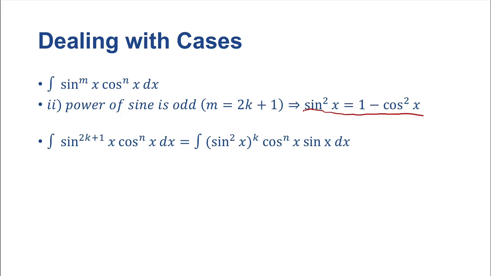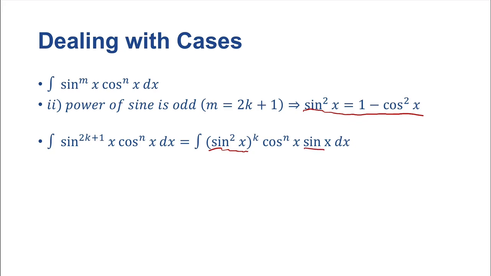This is going to give us the integral of sine to the 2k plus 1 of x times cosine to the n of x dx, and we set this equal to the integral of sine squared of x to the kth power times cosine to the n of x times sine of x. As you can see, again we are prepared to apply this Pythagorean identity, and we're going to be left with the derivative there.